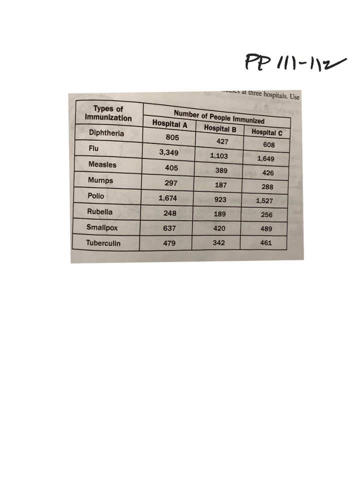All right, so we're using the table that we have right here. Number 1 says, what was the total number of people immunized for diphtheria? So these are the people that were immunized for diphtheria, and they're wanting to know the total number. So you take this number, add that number, and that gives you the answer.